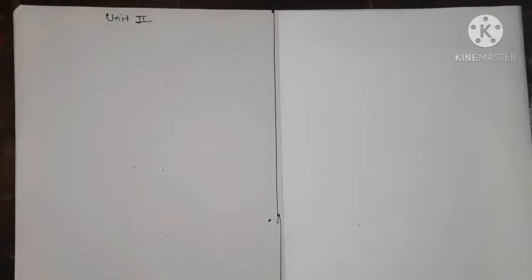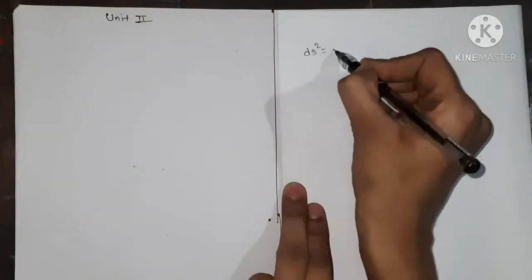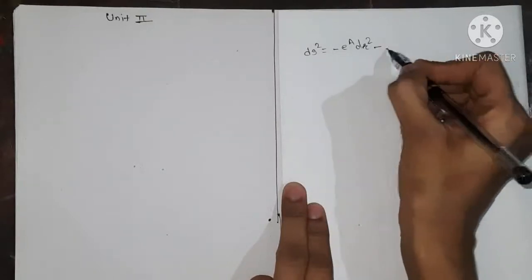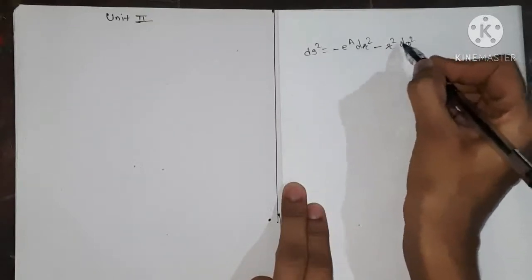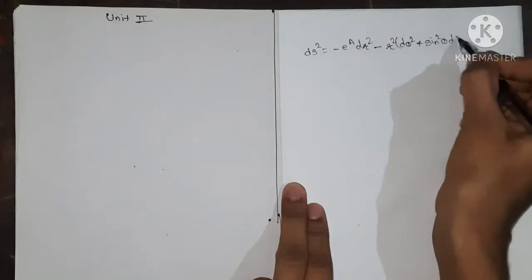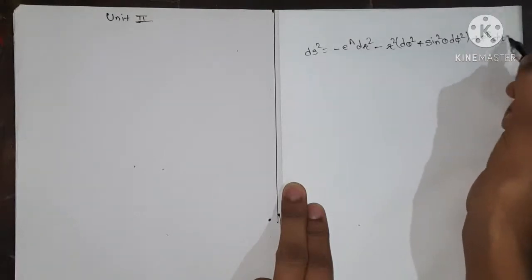So we quickly recall what we saw in the last lecture. We took the line element given by ds square equals minus e to the power a dr square minus r square [d theta square plus sine square theta d phi square] plus e to the power b dt square.